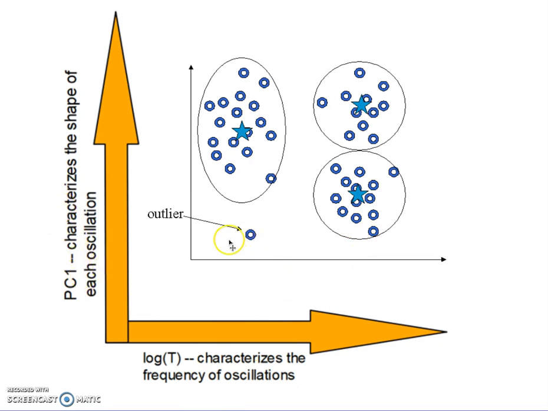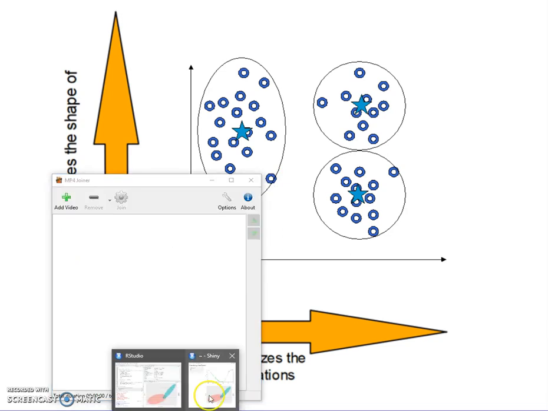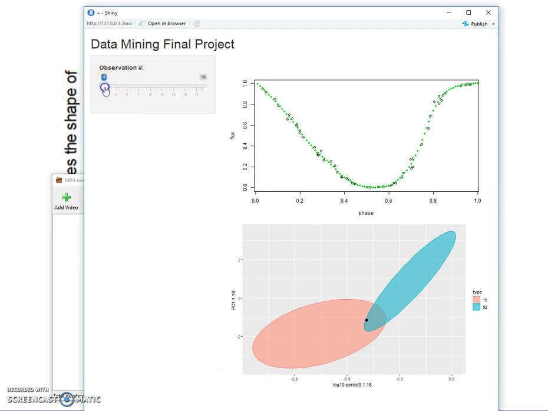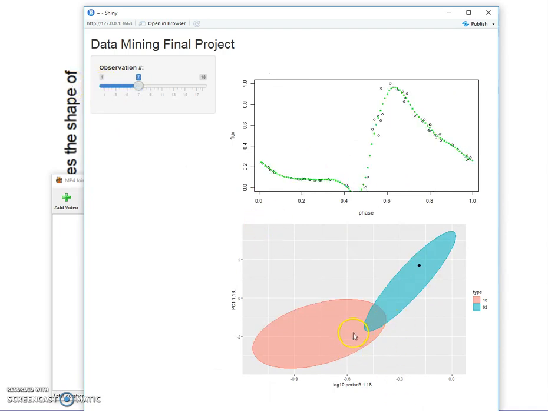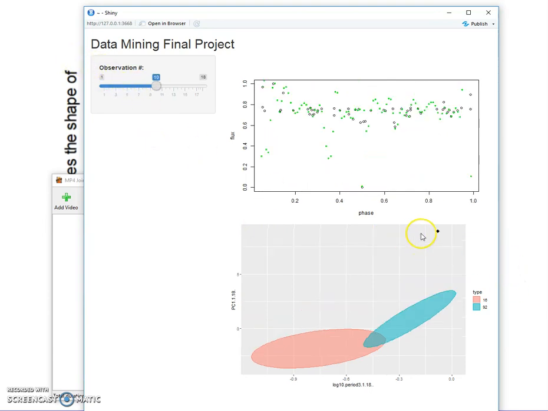I wanted to be able to identify outliers as being outside the boundaries of the clusters around identified types of stars. And that is precisely what my application demonstrates, that I've got two clusters here for two types of stars, and I've got an outlier that can be removed from the data set using this technique. Thank you.